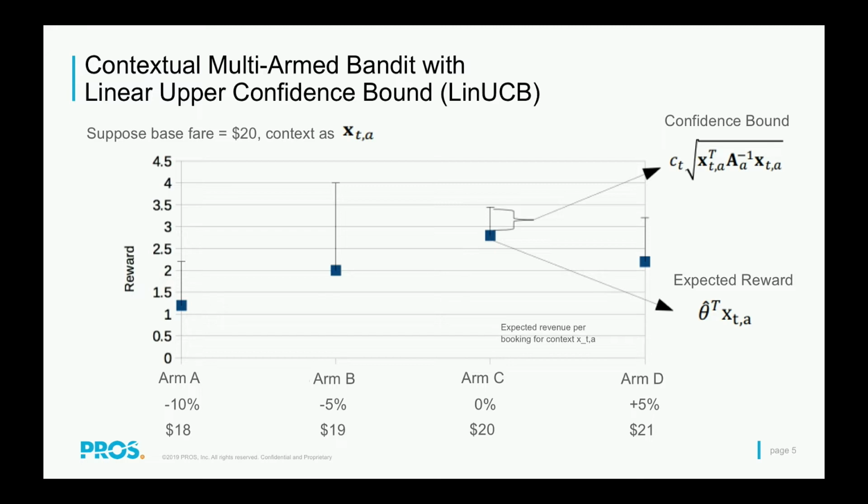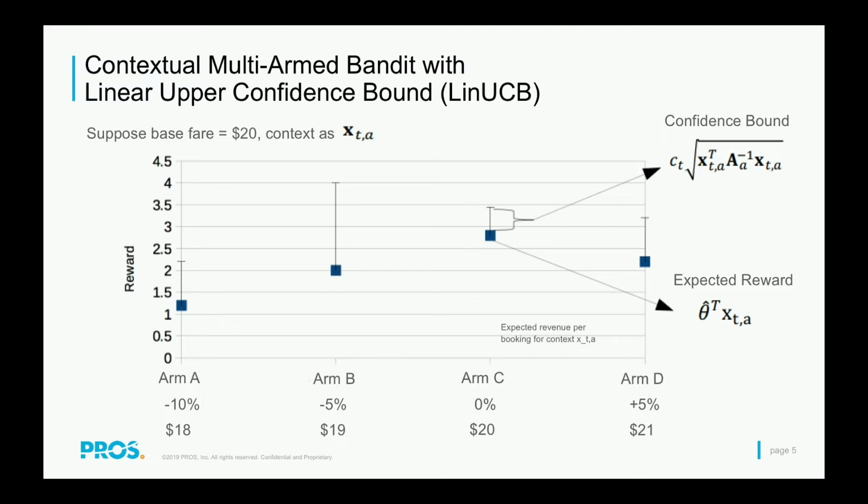Every time we pull an arm, we will observe a reward. The reward here, you can think of as revenue, the revenue when you put out this price. And this blue dot here is like the mean of all the experiments you have done in the past. So you can estimate a mean of your experiments of pulling that arm.